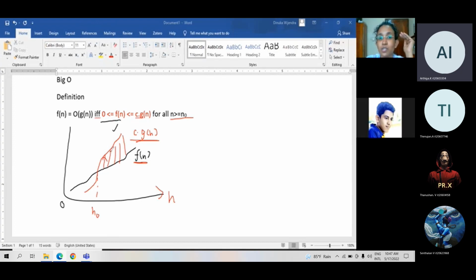So this is actually the definition. In order to say something as big O, the second function, the value inside big O, multiplied with a constant, that has to be greater. That it's greater means it's upper. So upper means that's the big O definition.